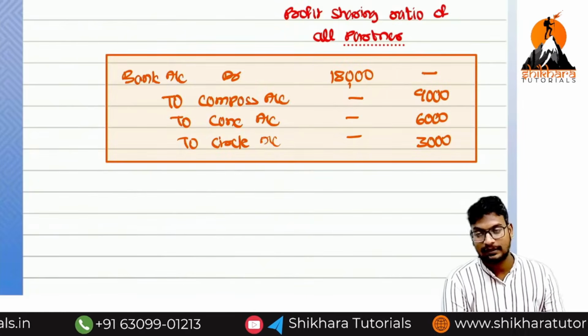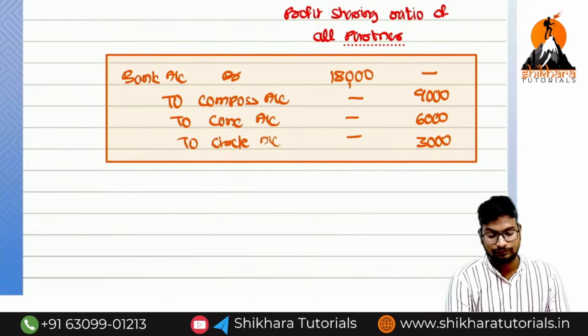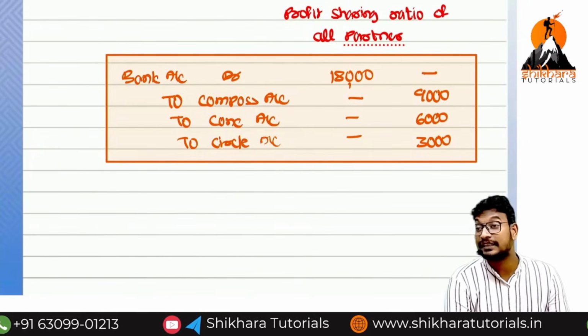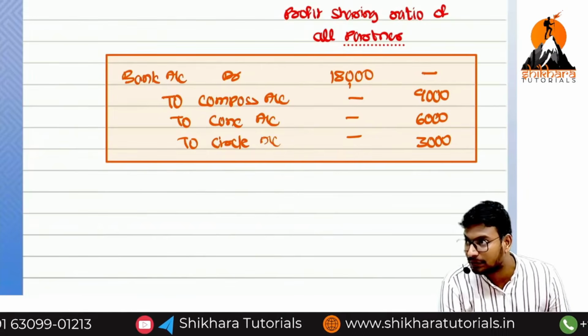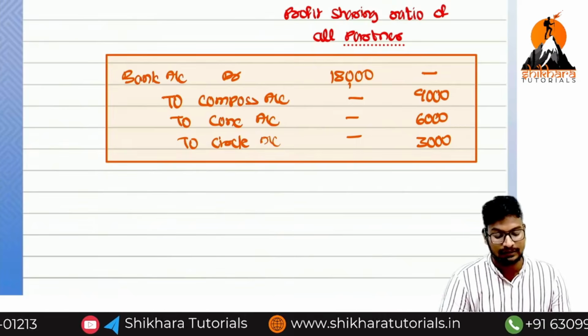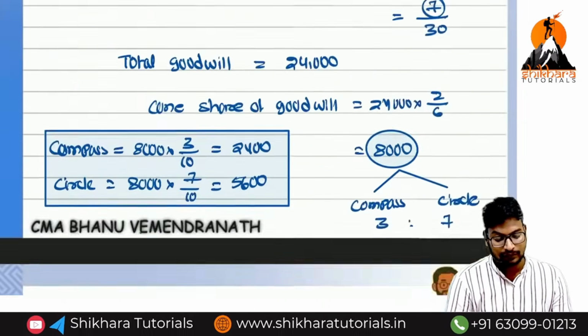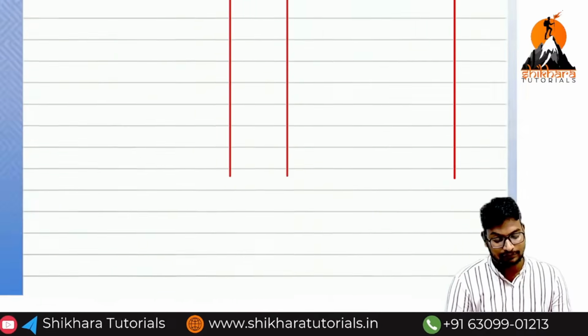Two accounts. The partners' capital account we prepare, and bank also, and we settle Cone's balance too. Okay? In the bank account, what do we need to write?